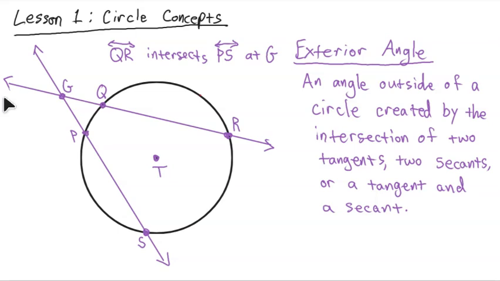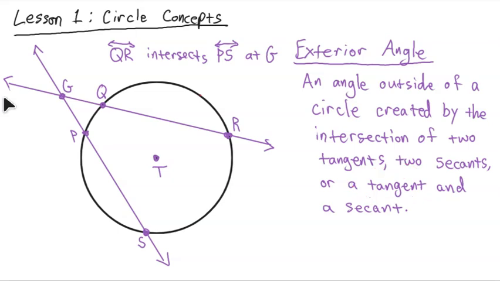Okay, so the last two angles we looked at, the central angle and the inscribed angle, are inside of a circle, but this exterior angle is outside of a circle, and it's created by the intersection of either two tangents or two secants or a tangent along with a secant, okay?